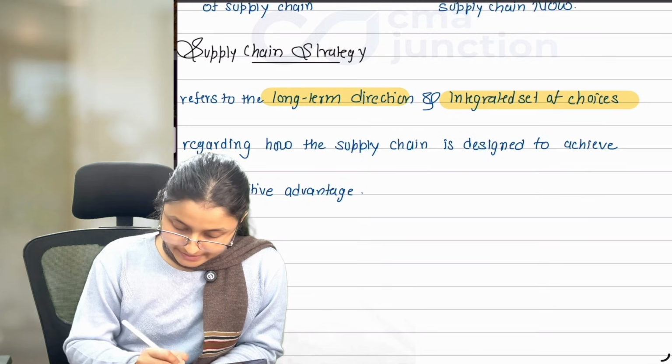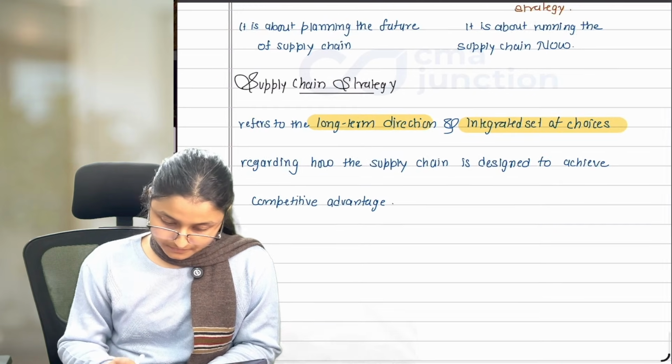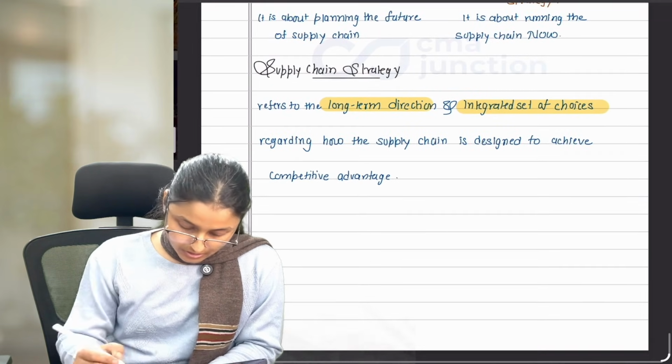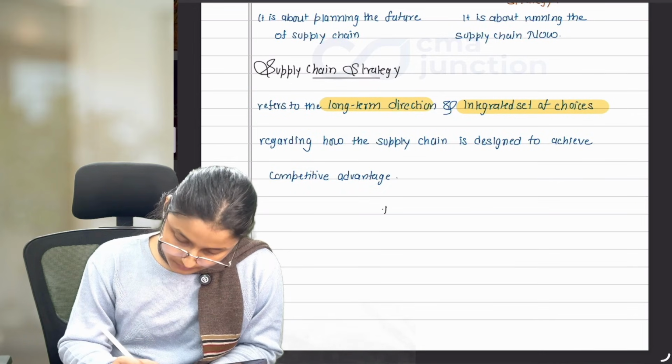Long-term direction and integrated set of choices. Done. Next, how is a supply chain strategy created?